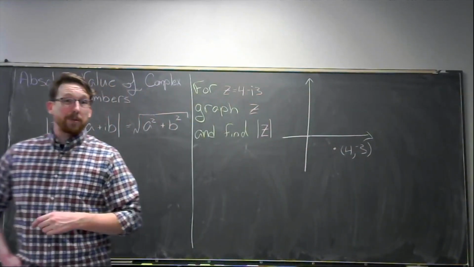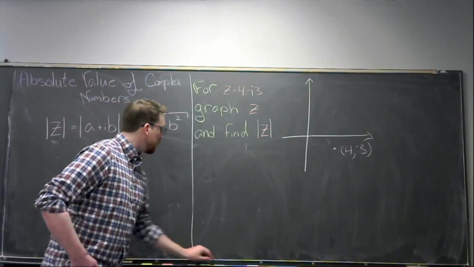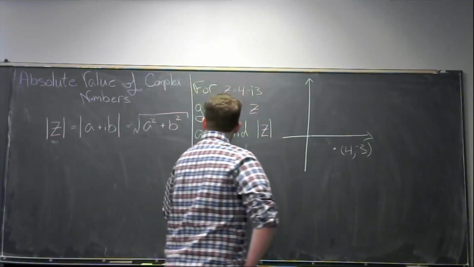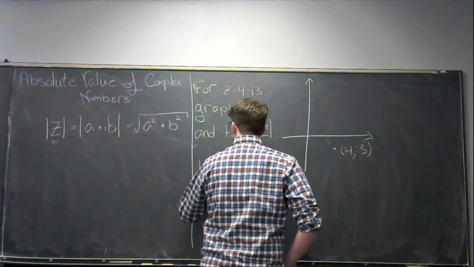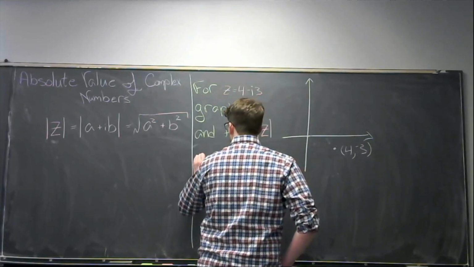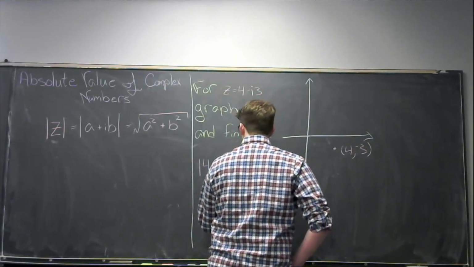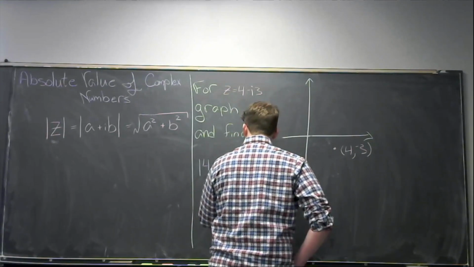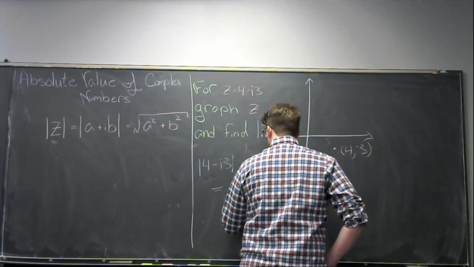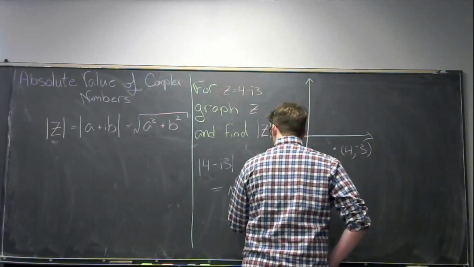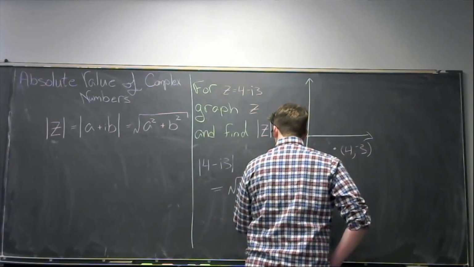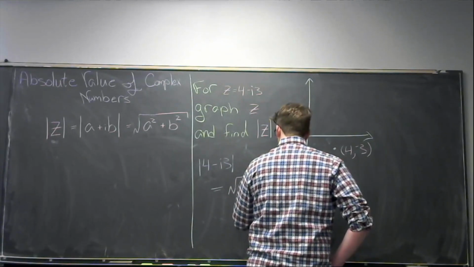Now to find the absolute value of it, we're going to say absolute value of 4 minus i3. This whole thing is equal to the square root of 4 squared plus (-3) squared.